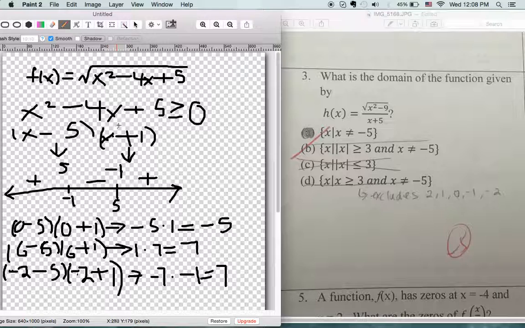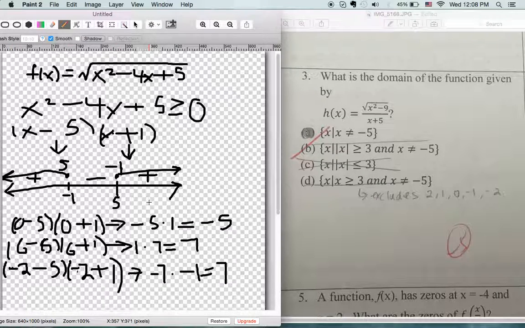After you found the signs of each interval, you know that you want the positive numbers, so your domain is going to be these values and these values.